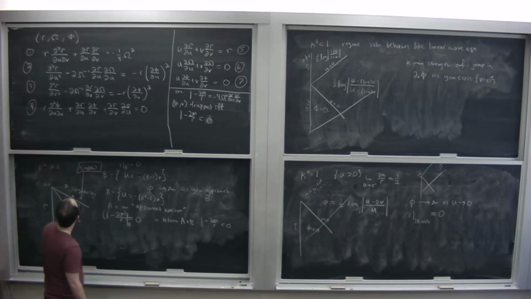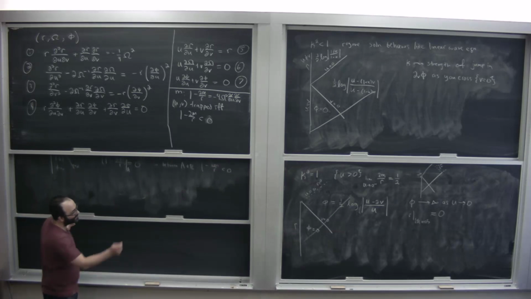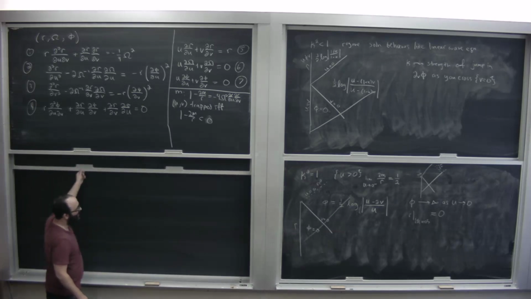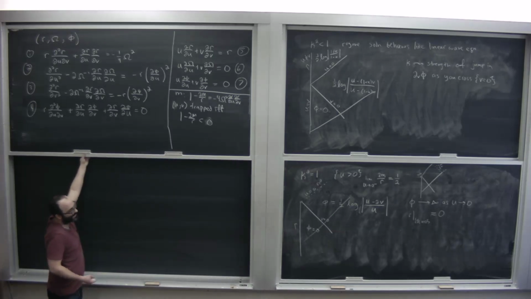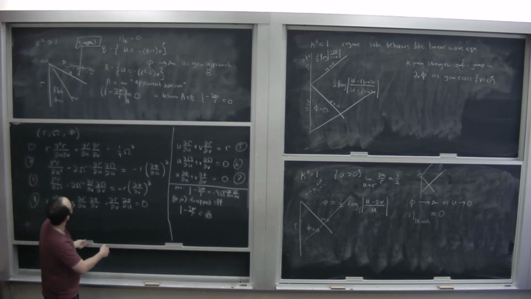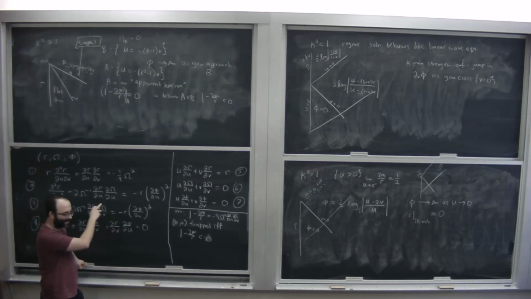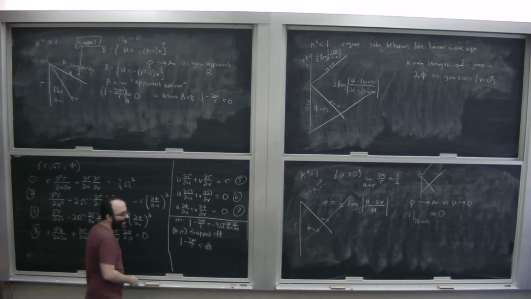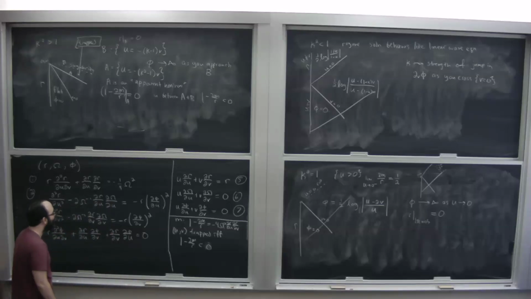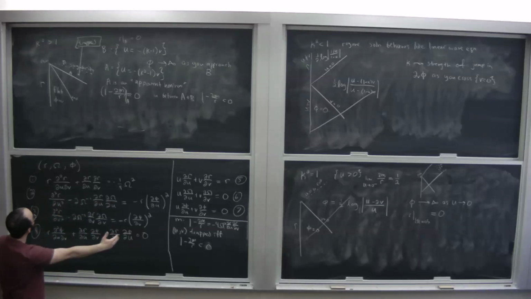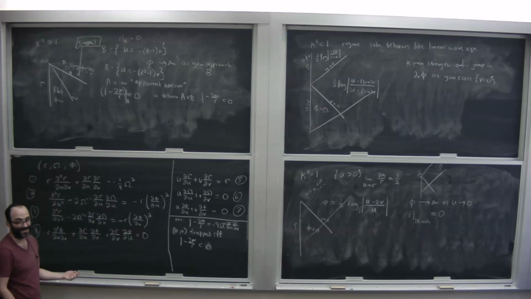But I want to say one more thing about these solutions. Having written all these down, remember, Christodoulou calls these types of self-similar solutions scale invariant, and we use scale invariant to distinguish because there's a more general notion of self-similarity I'm going to introduce later. One of the upshots of this analysis is that the scale invariant solutions behave nicely.